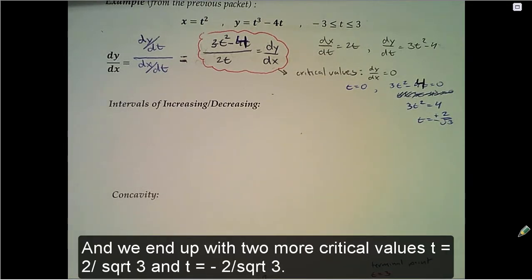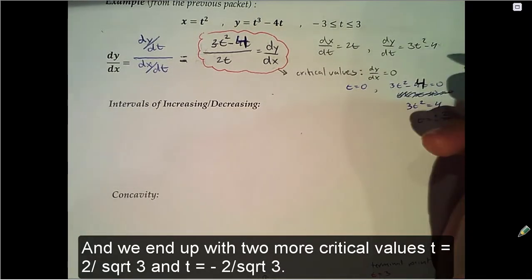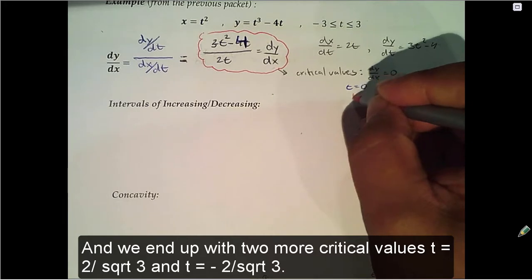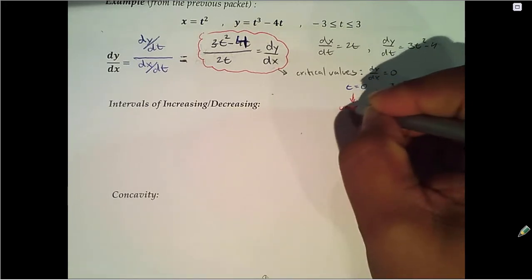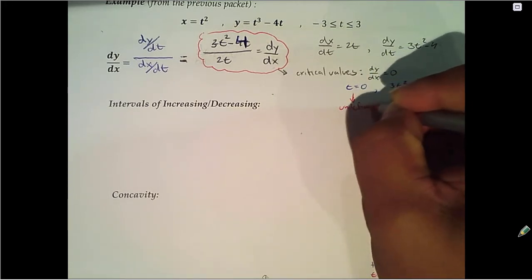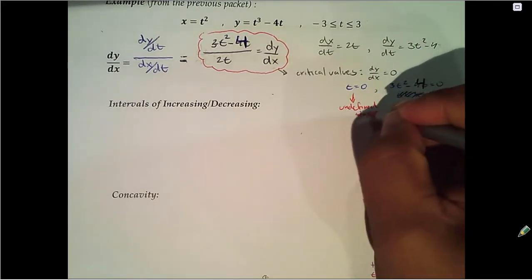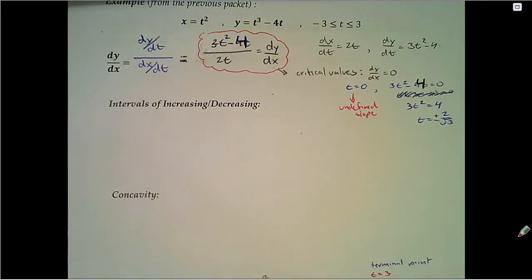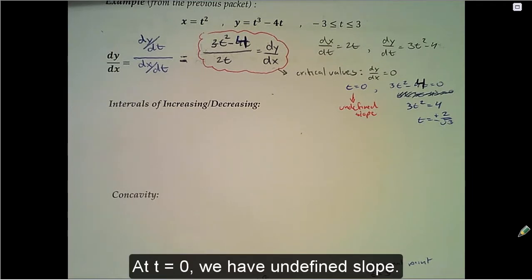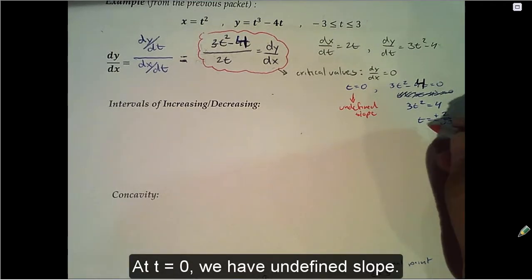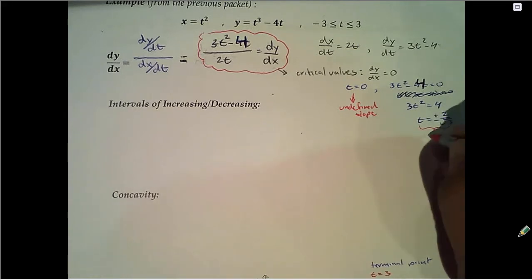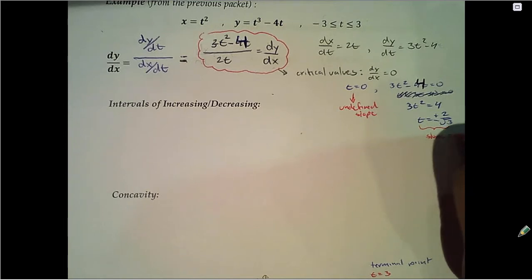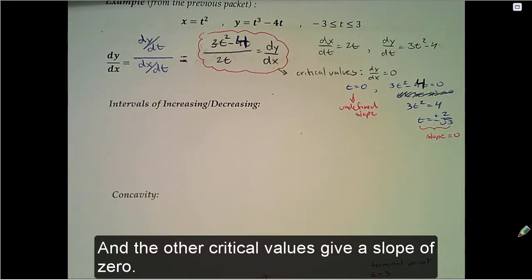And we end up with two more critical values, t equals 2 over the square root of 3 and t equals negative 2 over the square root of 3. At t equals 0, we have undefined slope. And the other critical values give a slope of 0.